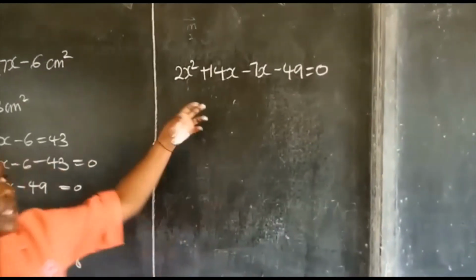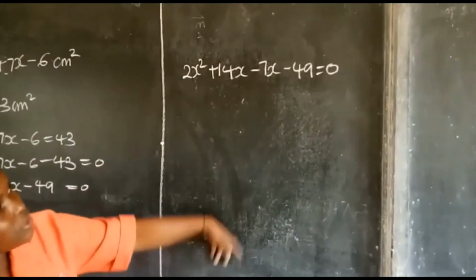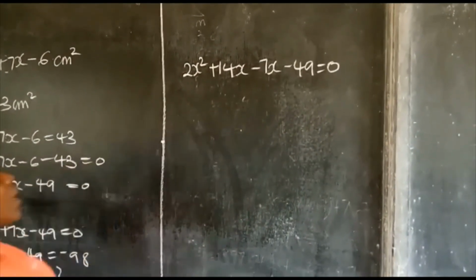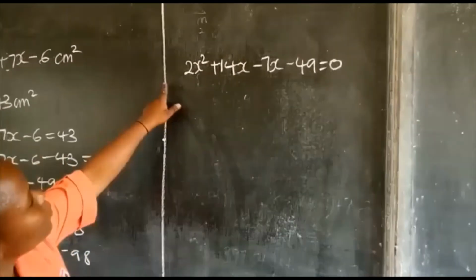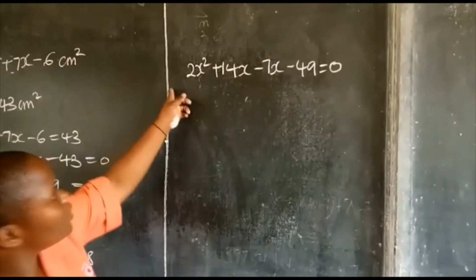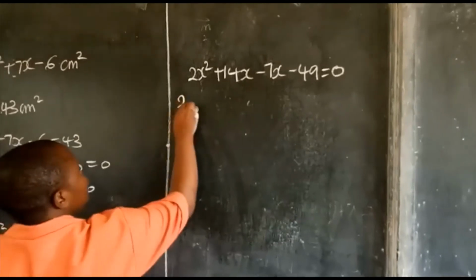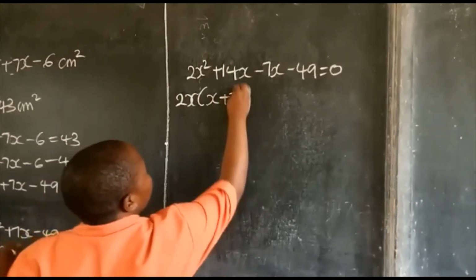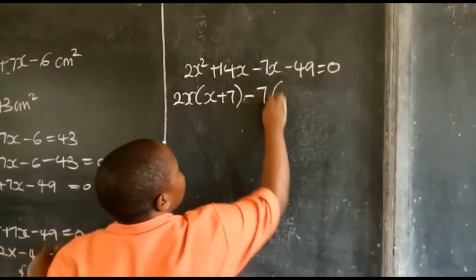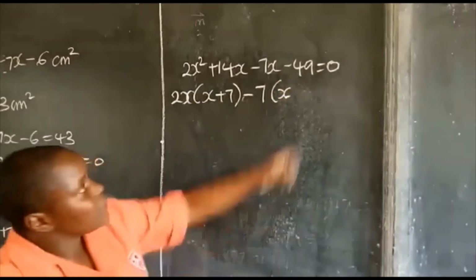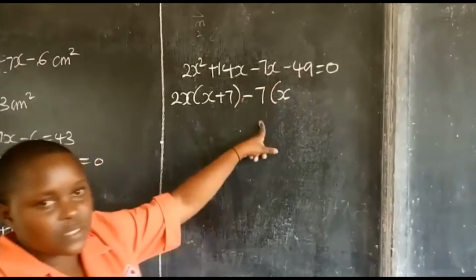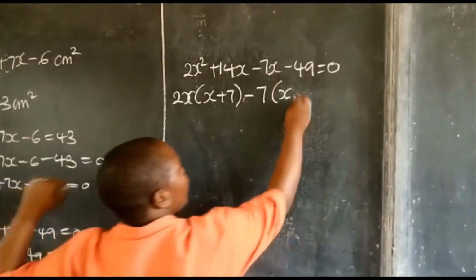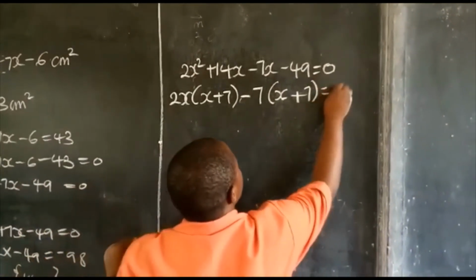And so here we shall work out this quadratic equation using the factorization method. We bring the common values outside. So it will be 2x into x plus 7 minus 7 into x plus 7 is equal to 0.